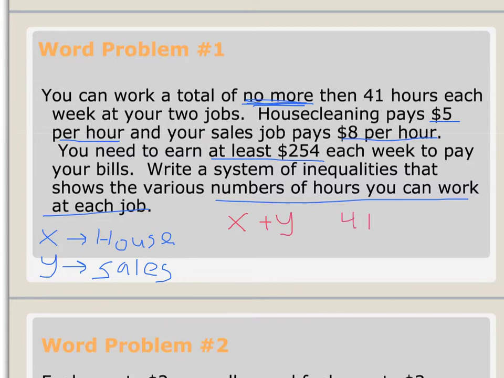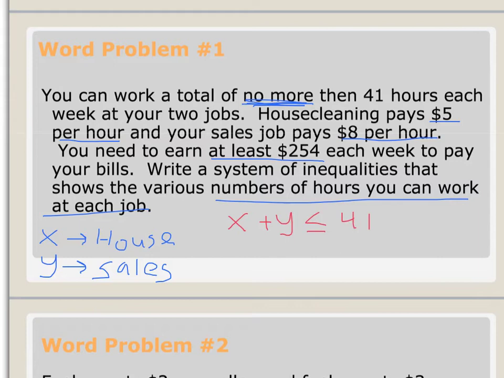But the question is, does X plus Y, is that greater than or equal to 41? Is that less than or equal to 41? That's the real question. And since you can work a total of no more than 41, then it must be less than 41. And it could equal 41 as well. So we got our first equation done.